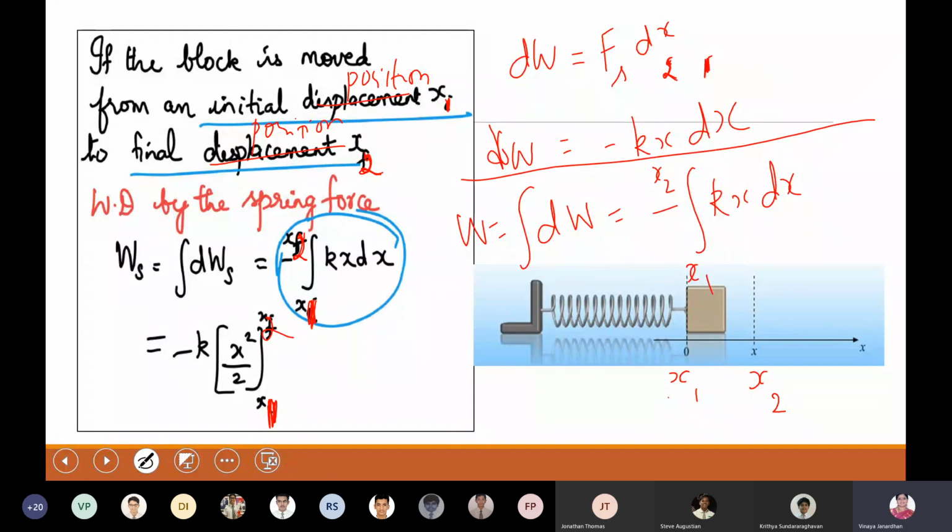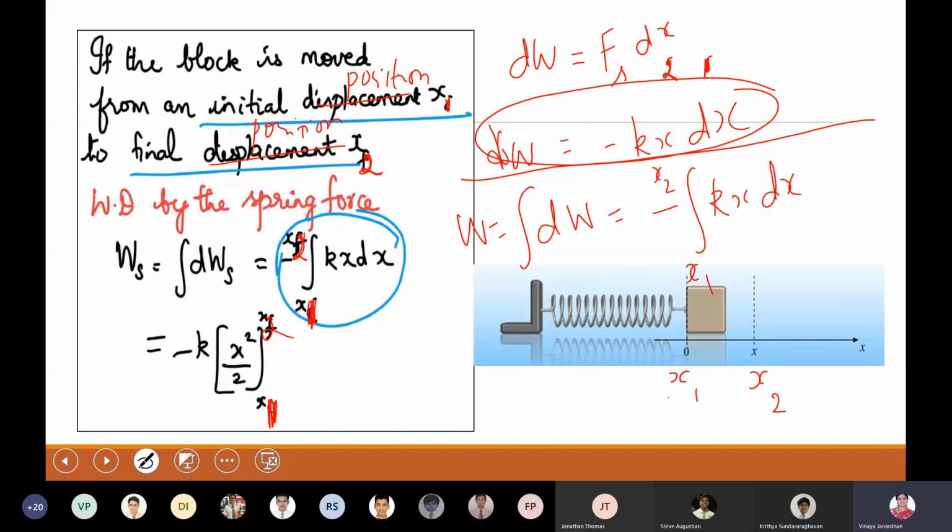Because you're learning integral calculus right now, that's why I'm repeating it. See, this is the work done by the restoring force when the block is moving from position x1 to x2. dw is the work done when the spring undergoes a very small displacement of dx.